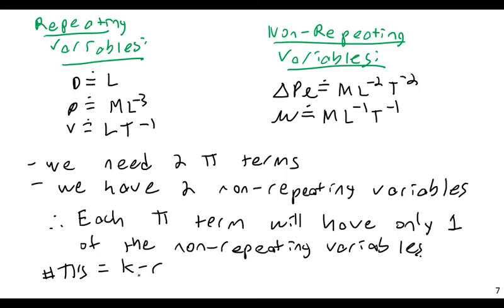By definition, the number of non-repeating variables is also equal to k minus r. So the number of pi terms will always be equal to the number of non-repeating variables. We're going to give each pi term one and only one non-repeating variable. So let's start with pi 1.